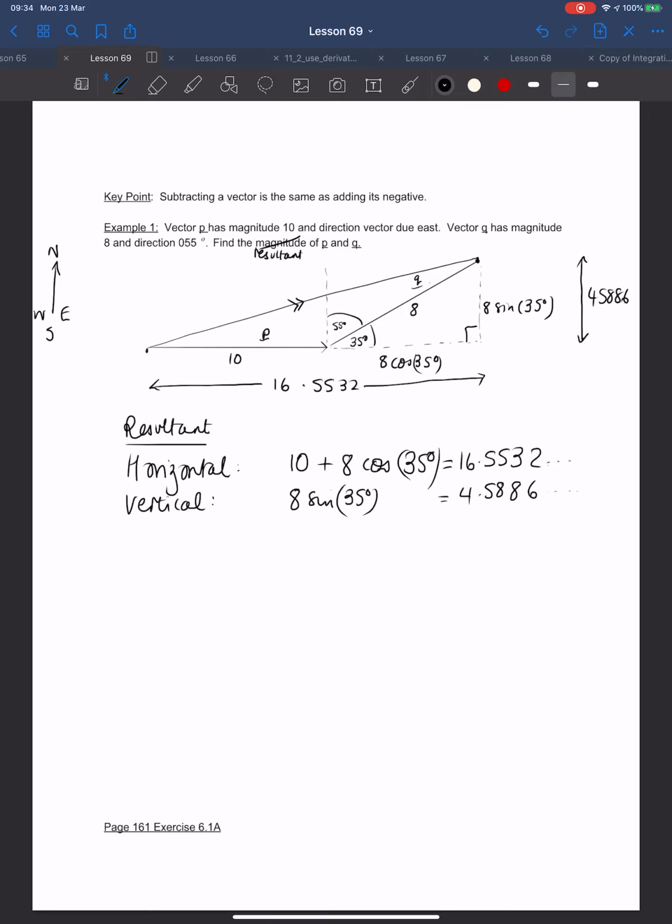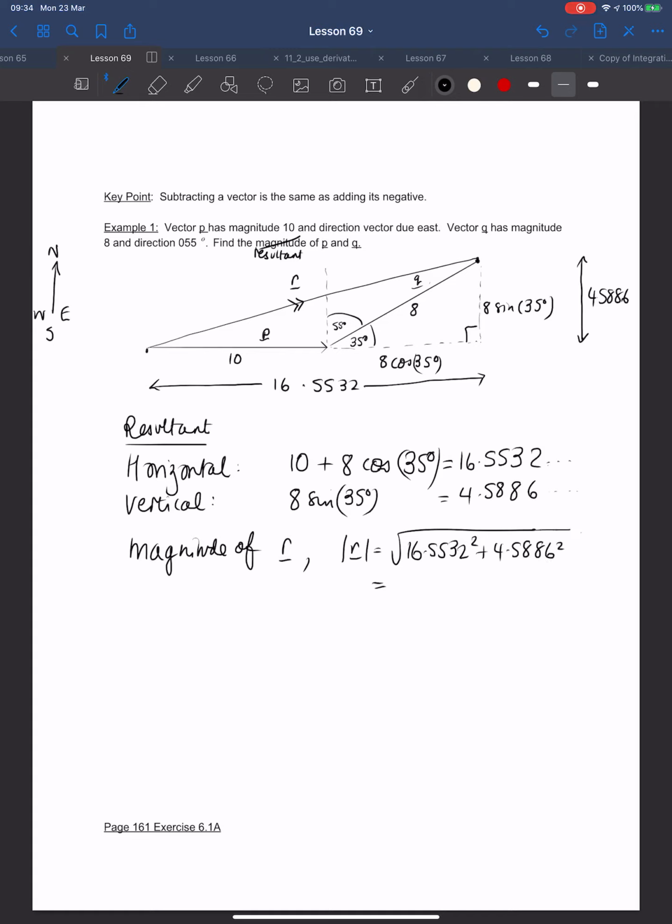So by Pythagoras I can work out the length of the resultant, PQ, let's call that R. The magnitude of R is the square root of 16.5532 squared plus 4.5886 squared.